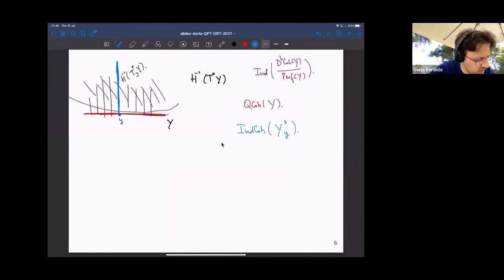And you can do something even more different. What if I just restrict the singular support to lie at the zero section over the formal completion of Y, and then I get QCoh of the formal completion.